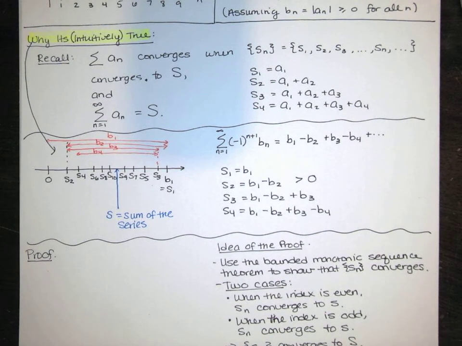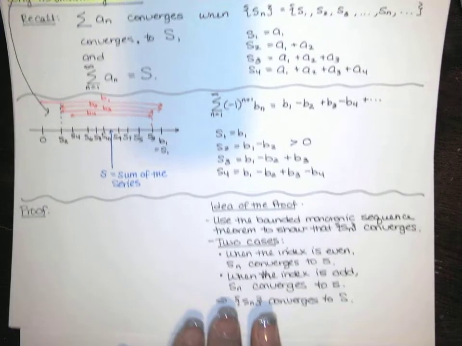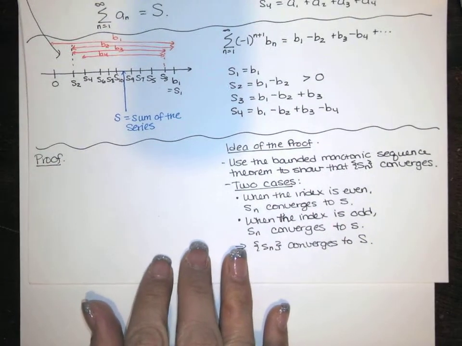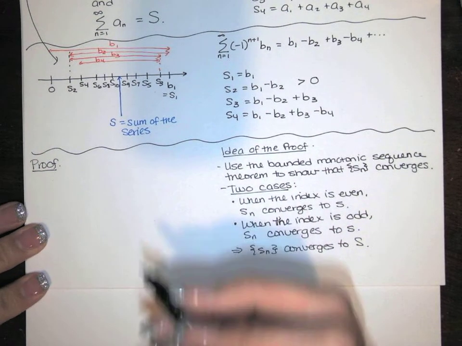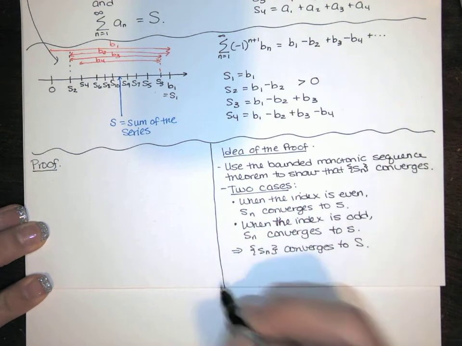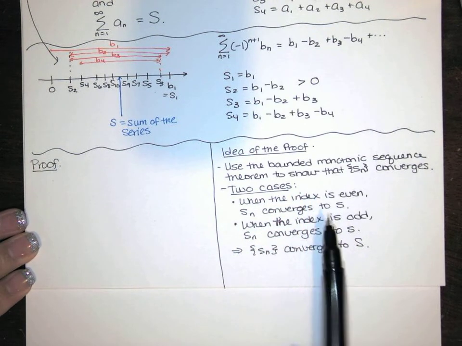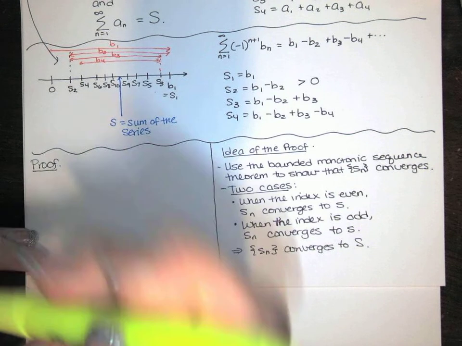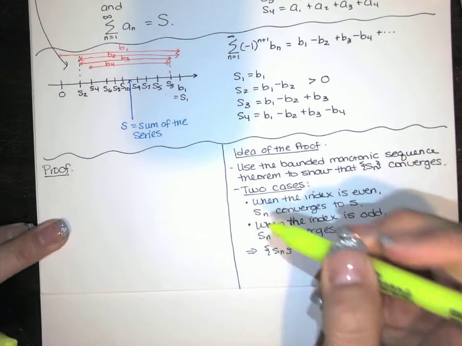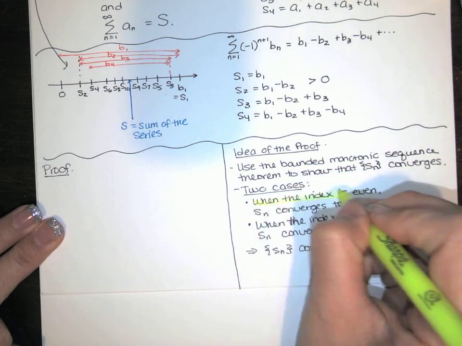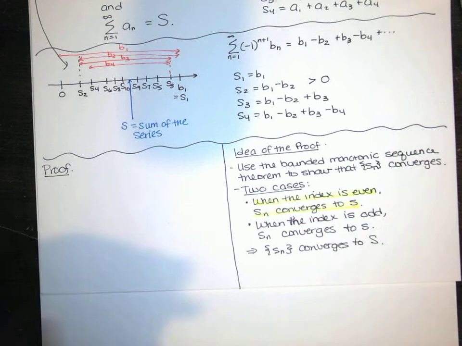So we're saying it converges to S all the time, not just when the index is even or odd. So that's the idea. That's what we're about to do. And first we're going to look at the sequence of partial sums when the index is even. So that's our approach, and we're going to start here.